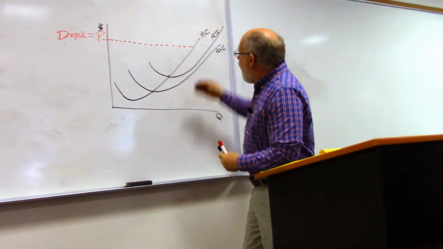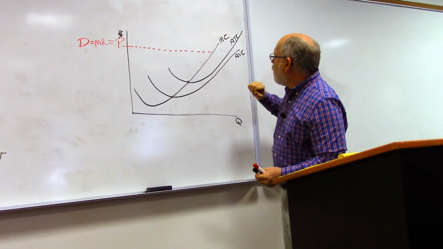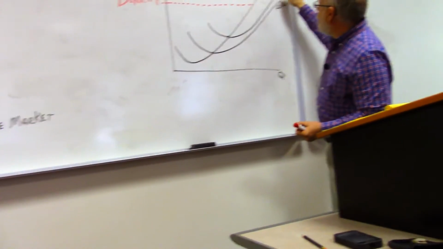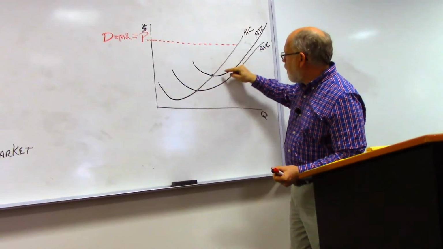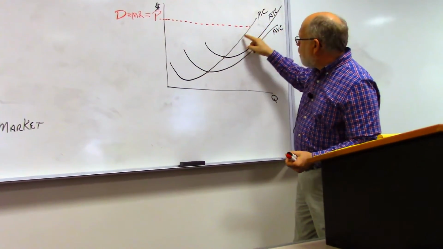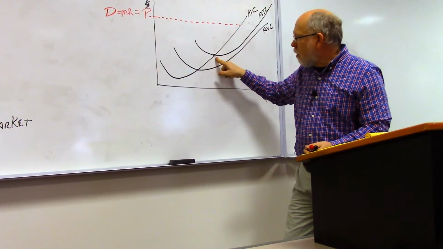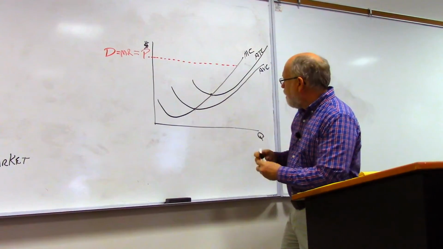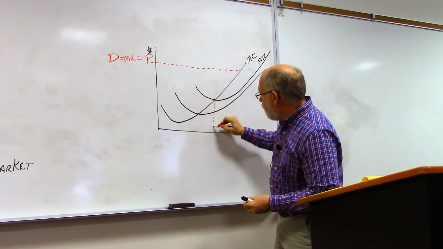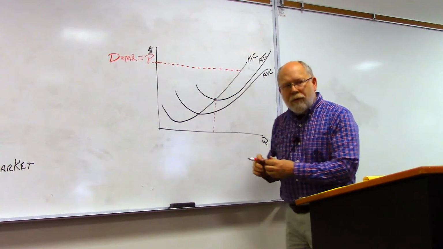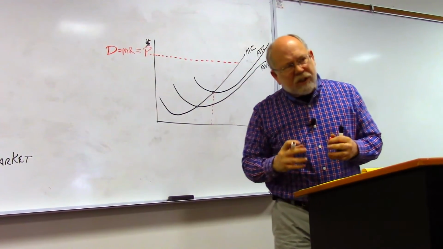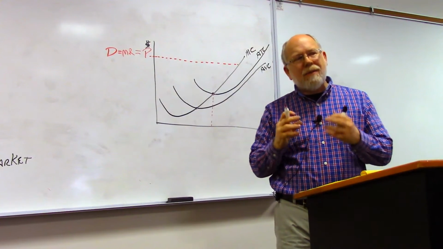As this price comes down, notice what's happening on our average total cost curve here. We said that this marginal cost curve goes to the very bottom of the average total cost curve. That means that at this output right here, this firm is as efficient as it can possibly be.